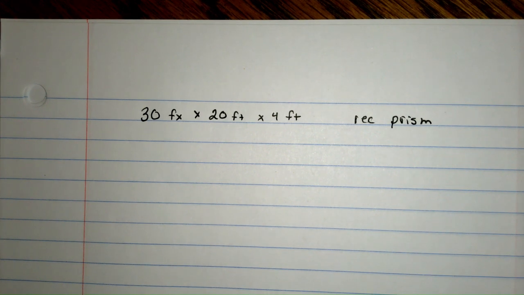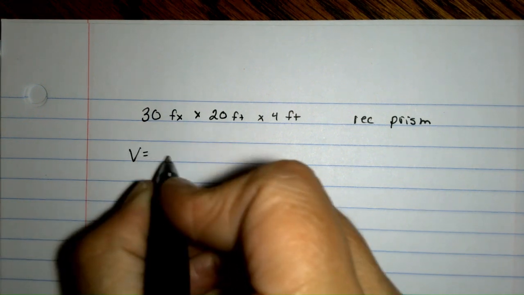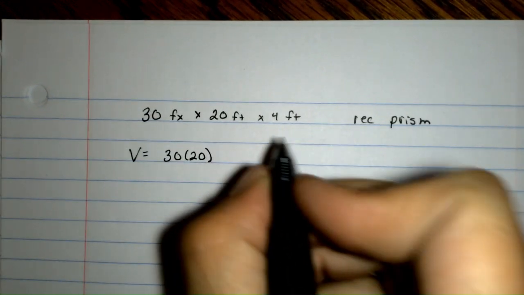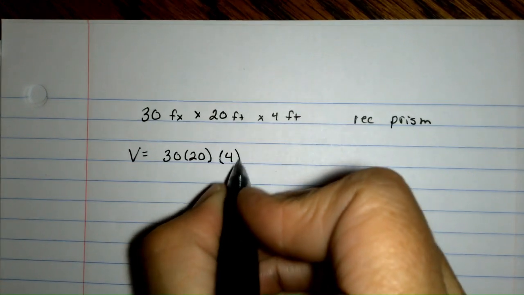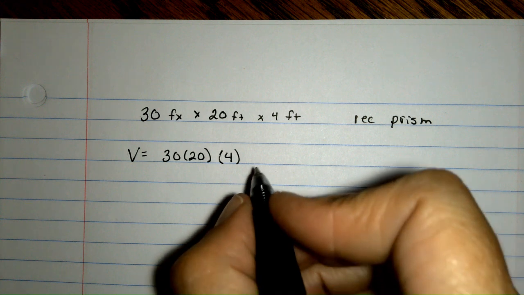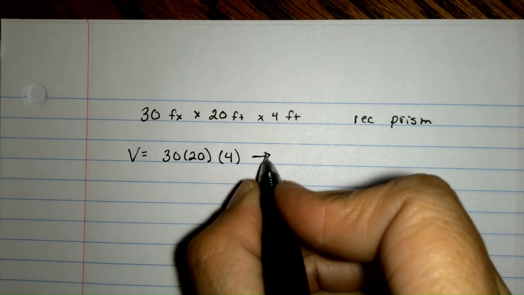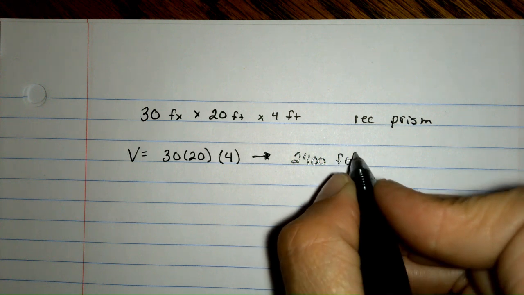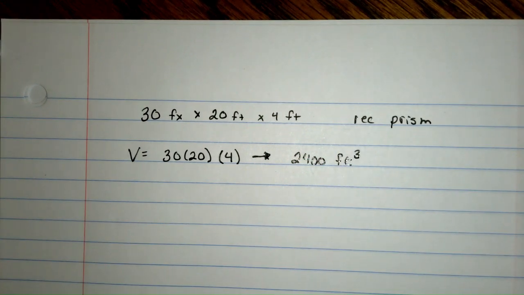It's just a big vat of water. How many cubic feet of water do you have? What's the volume? So we'd have to do length times width, because that would be the area of the rectangle, times the height, or the depth in this case, because your pool is so many feet deep, right? And we find out that if you type that in, we have 2,400 cubic feet of water.